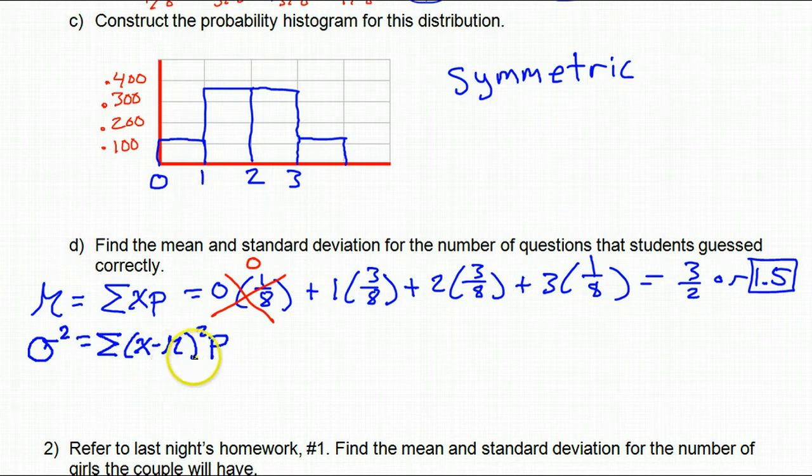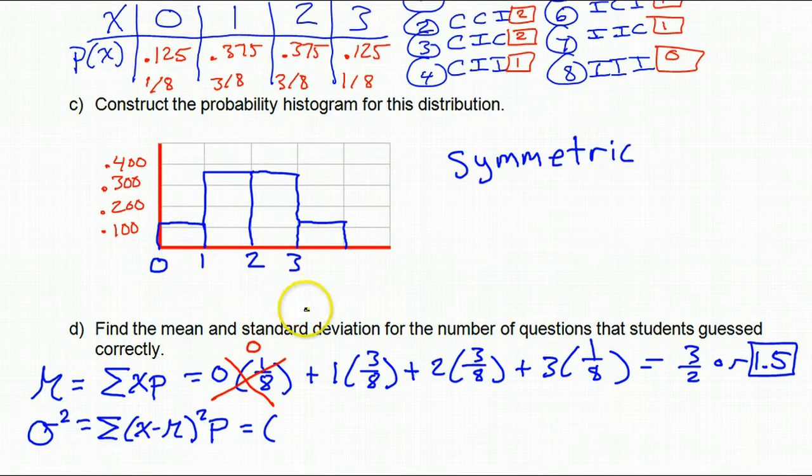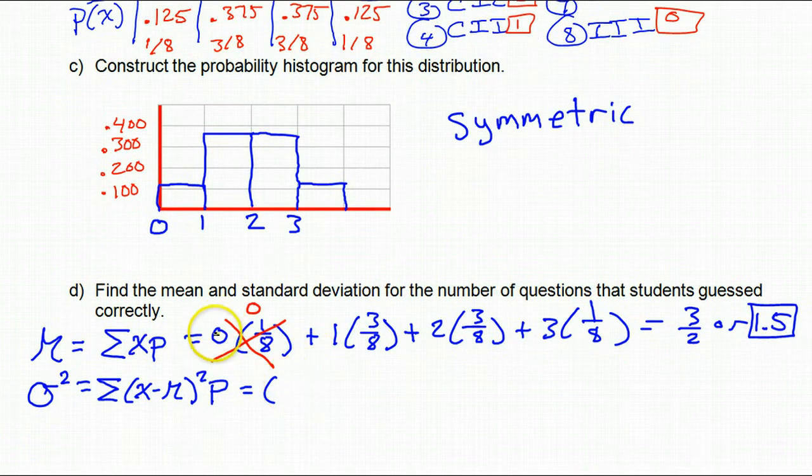You just need to memorize this little formula. So here again, the x's are 0, 1, 2, 3, just like right here. But this time I'm doing the x value minus the mean. The mean is the 1.5 that we just found. So, 0 minus 1.5 squared.